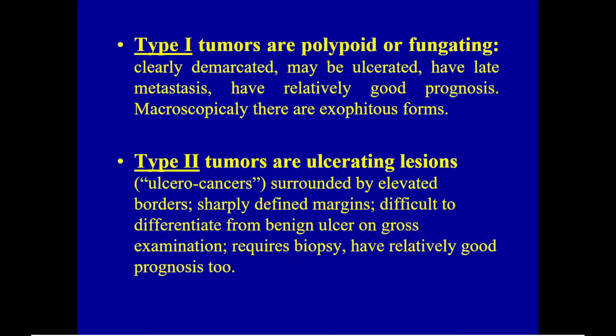Type 2 tumors are ulcerating lesions, ulcer cancers, surrounded by elevated borders with sharply defined margins, difficult to differentiate from a benign ulcer on gross examination. They require biopsy and have a relatively good prognosis too.